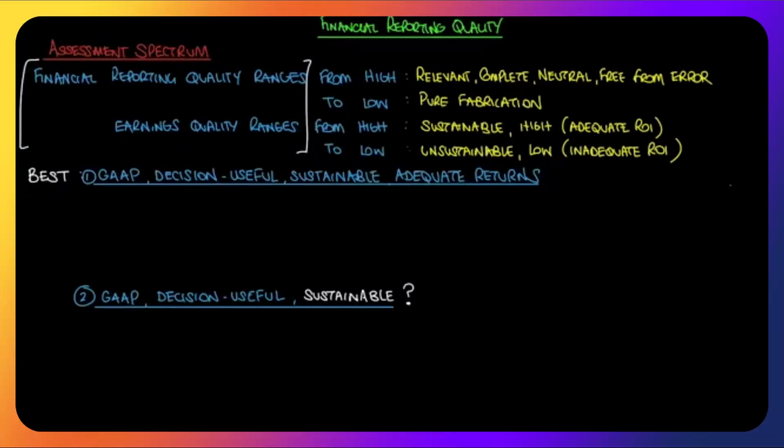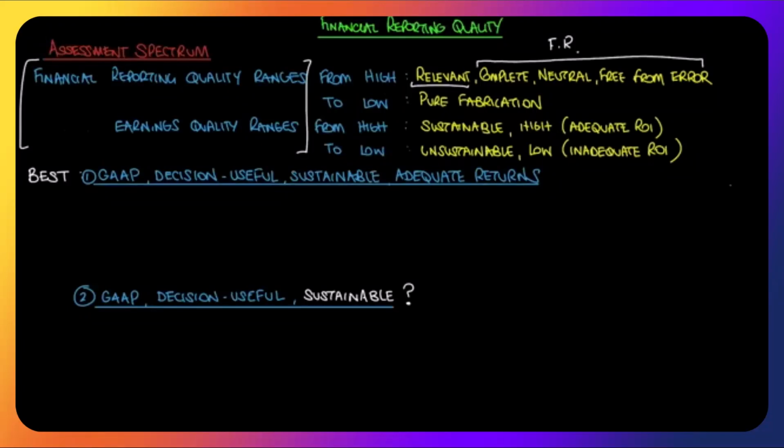Financial reporting quality ranges from high, when you have relevant information, which is complete, neutral, and free from error. Remember, that meant faithful representation. All the way down to low. The lowest quality is when it's made up. It's pure fabrication. Earnings quality goes from high. We said that was sustainable with high ROI, adequate ROI, and all the way down to low, which is unsustainable with an inadequate return on investment. So that's the way the spectrum's going to go.